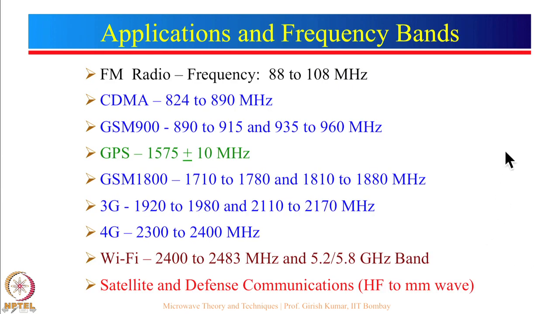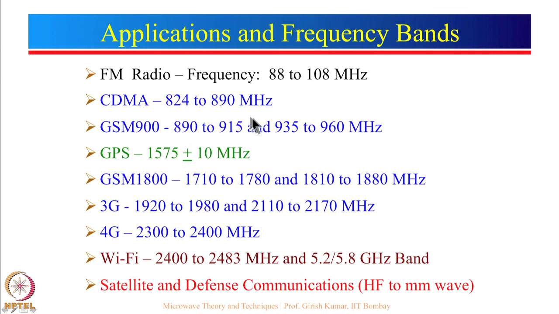So let us see first of all quickly the applications. You are all familiar with FM radio, the frequency band is 88 to 108 megahertz. Now, all these blue colors are various cellular phone bands. CDMA works from 824 to 890, GSM 900 is 890 to 915 and 935 to 960.